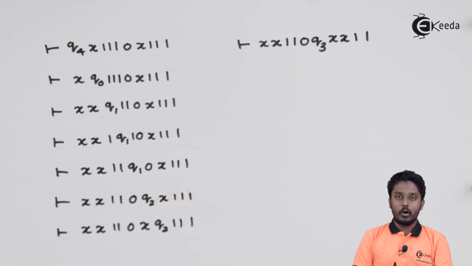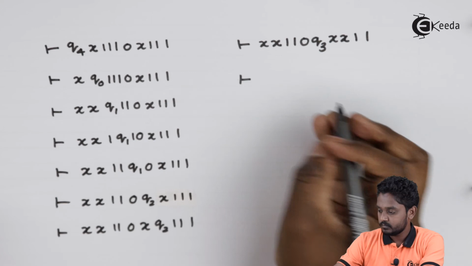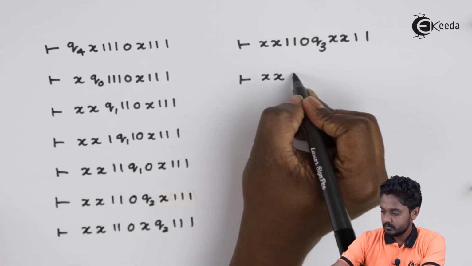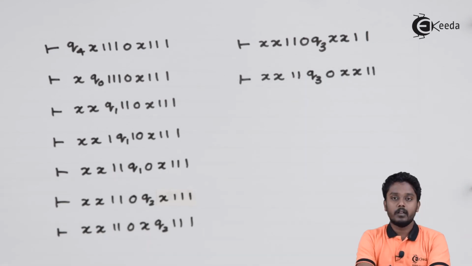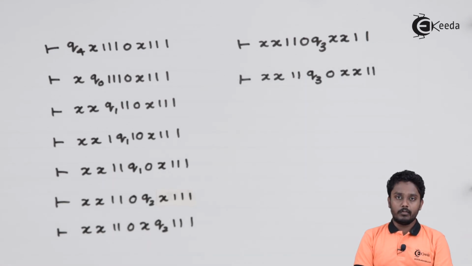Q3 on an X, we'll skip the X and keep on moving to the left. Q3 on a 0 will make the next movement. It will go to the next state, Q4.